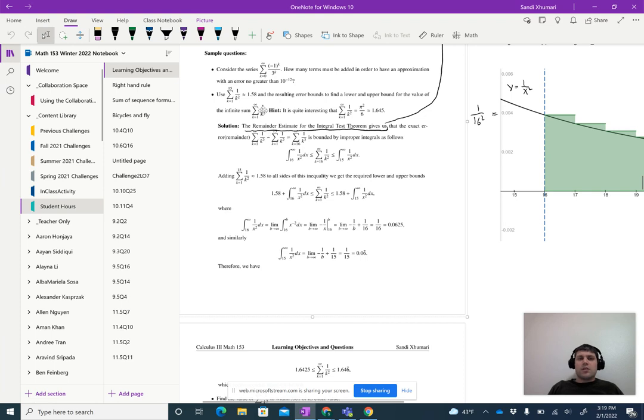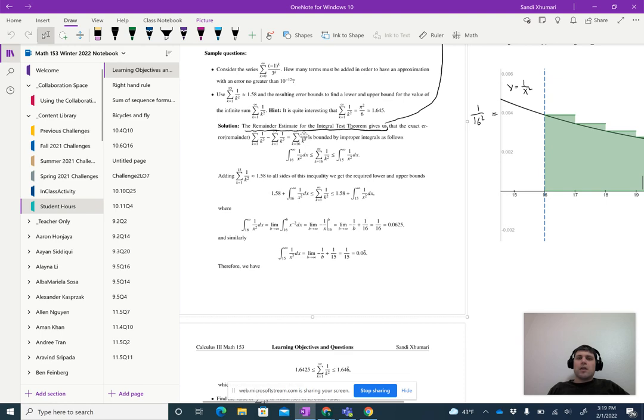So the goal is, if I go from k equals 1 to 15, what's left? Well, we're left with k going from 16 to infinity. That is the error. The sum of the terms starting at 16 going to infinity is the error, and that's the thing that we want to bound.